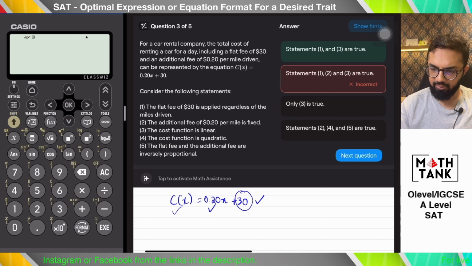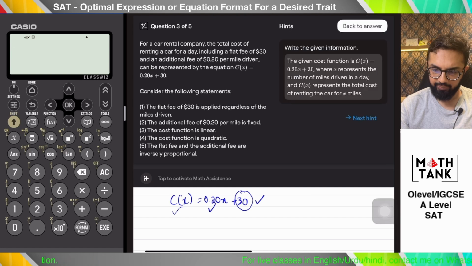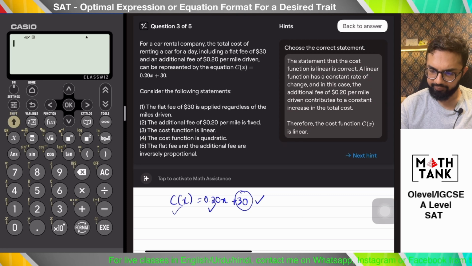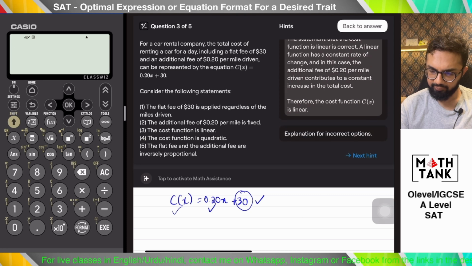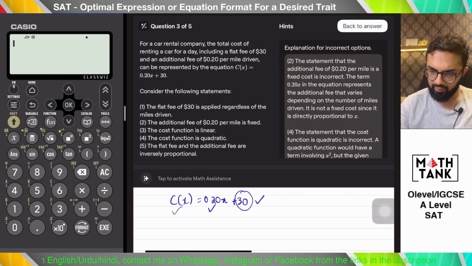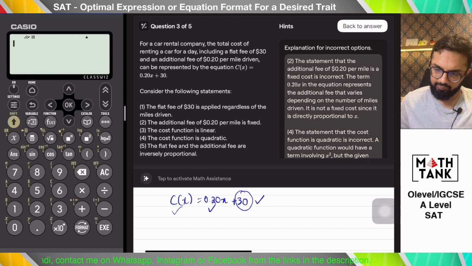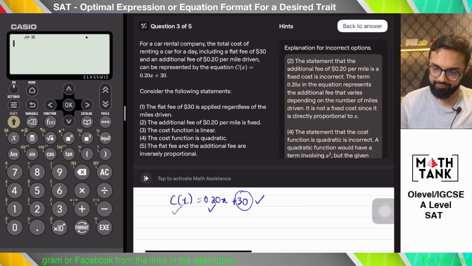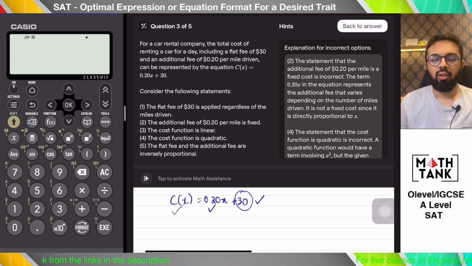I'm not sure why statement number 2 is not true. It's probably the word additional fee. Okay, let's see. Per mile. It is per mile.